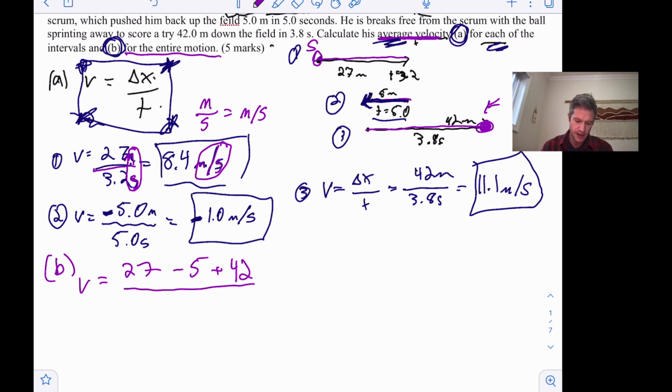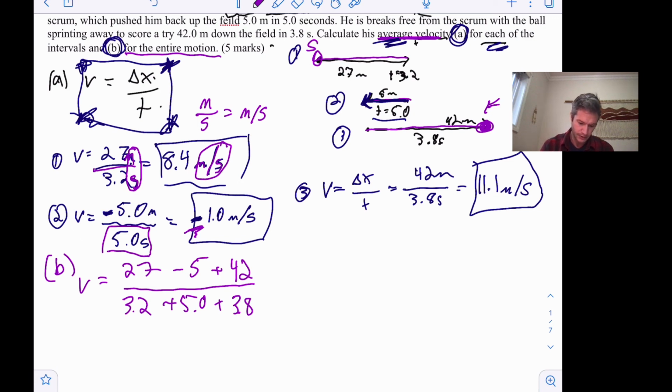Now again, coming back to that concept of time always running forward, what we do is we take our 3.2 seconds, but time, these 5 seconds here for segment 2, is positive. Okay, it's not a negative factor, right? So it's a positive 5 seconds. Again, time keeps running forward. And then number 3, we go plus, sorry, we got to get the time in there, so that's 3.8.